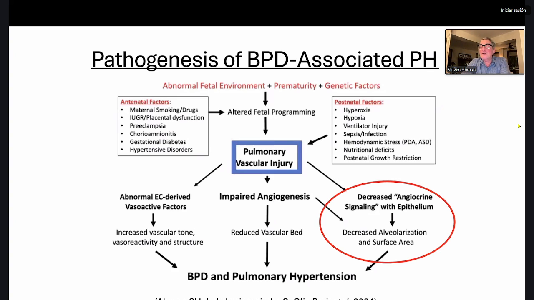We call it angiocrine signaling because it's vascular signaling, paracrine signaling, that tells the epithelium to develop the alveoli, develop the surface area. And these vascular and epithelial growth go hand in glove together. Yet it's not simply the vessels passively following what the airway does. It's this interactive signaling crosstalk that leads to the risk for both pH and for BPD.